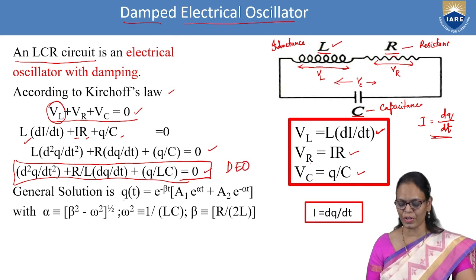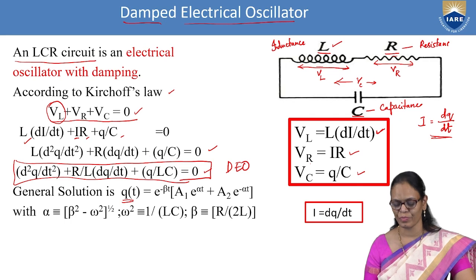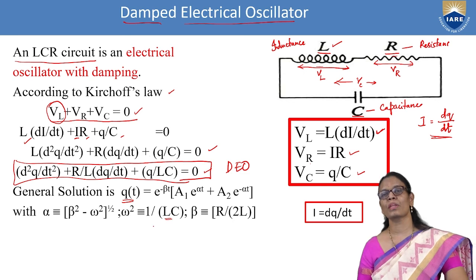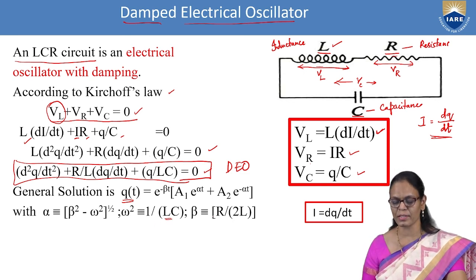The solution gives us the charge q equal to e power minus beta t times A1 e power alpha t plus A2 e power minus alpha t. Alpha is beta square minus omega square, whole power half, where omega square is equal to 1 upon LC, because we are considering the LCR circuit, and beta is equal to R upon 2L.